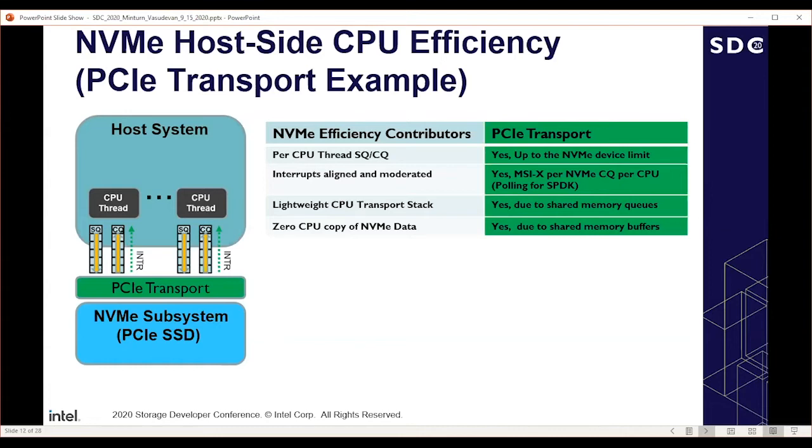The CQ is polled. Lightweight CPU transport stack and zero copy, yes, because the PCIe model uses a shared memory queue, so it's basically just doing DMAs directly between the device and the buffers on the host.